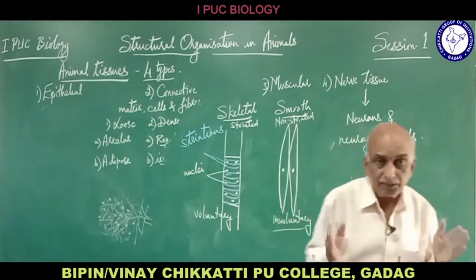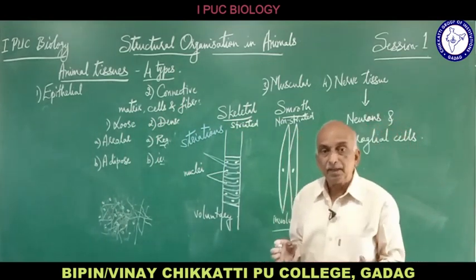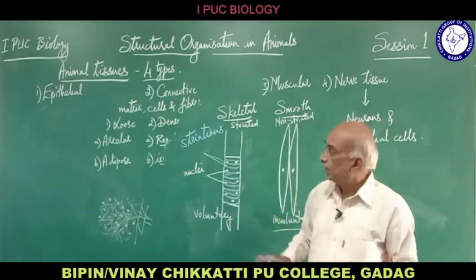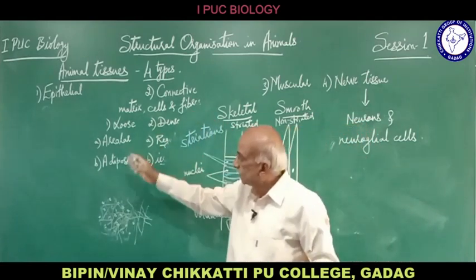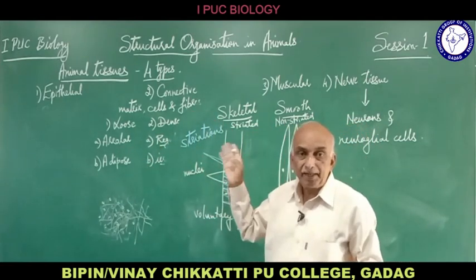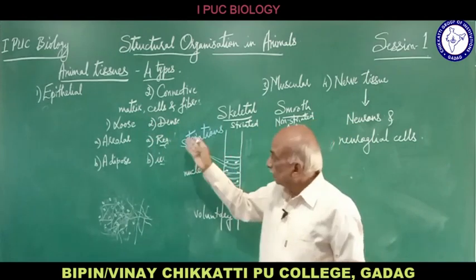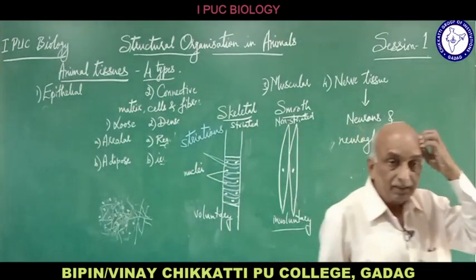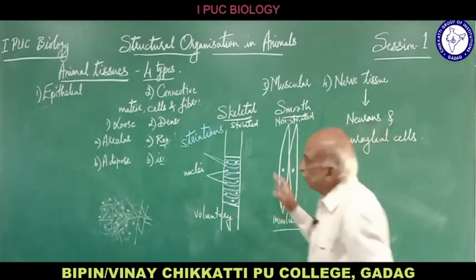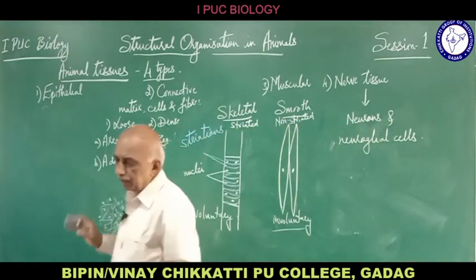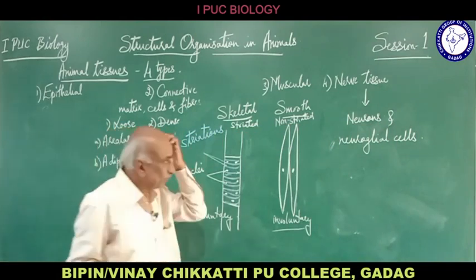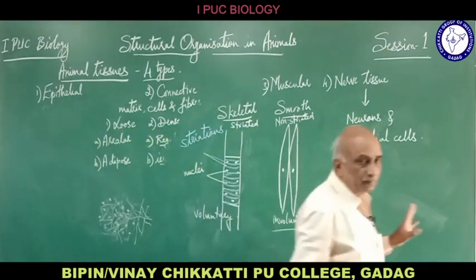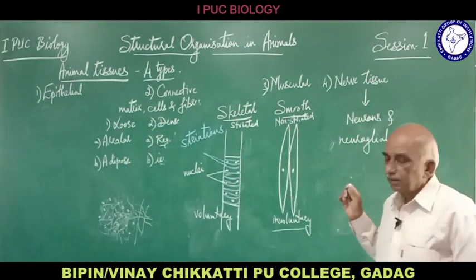But connective tissue is the tissue which is abundantly present in our body, because it includes all these things: bone, blood and cartilage, and also regular, irregular, areolar tissue and all that. So that is why the connective tissue is abundant, and these are the four types of animal tissues which are present in the human body.